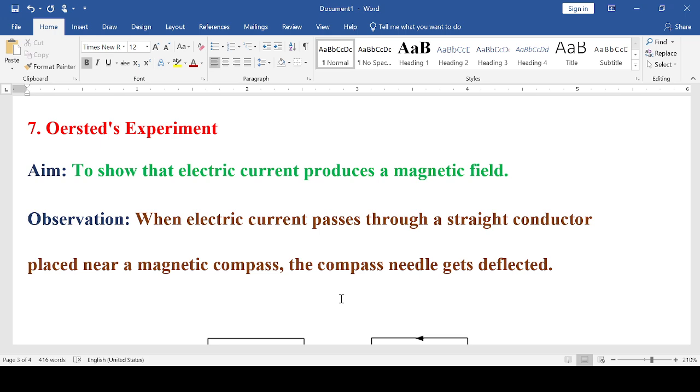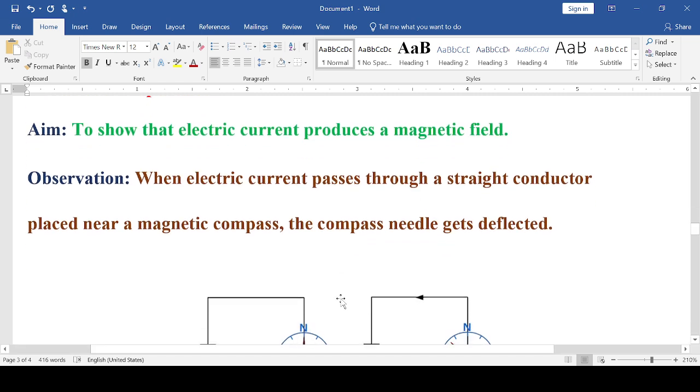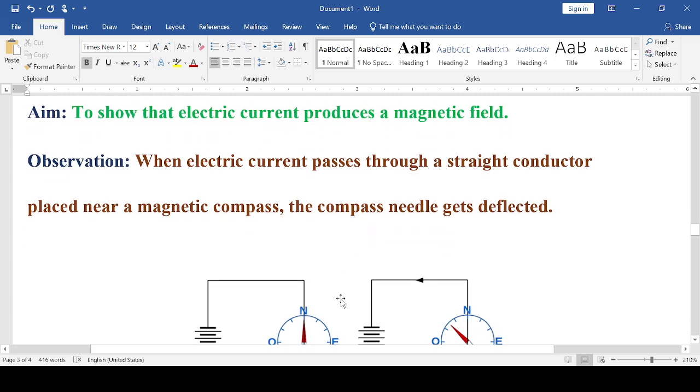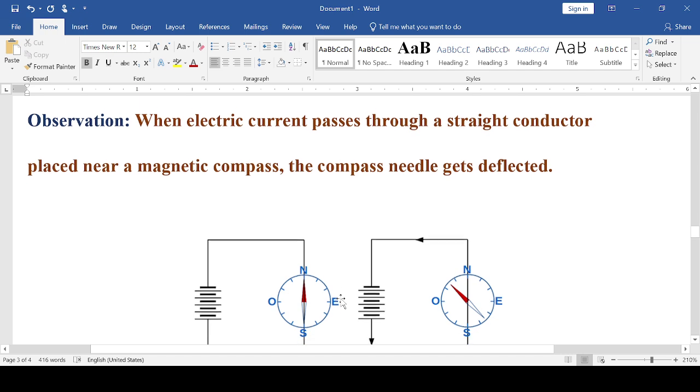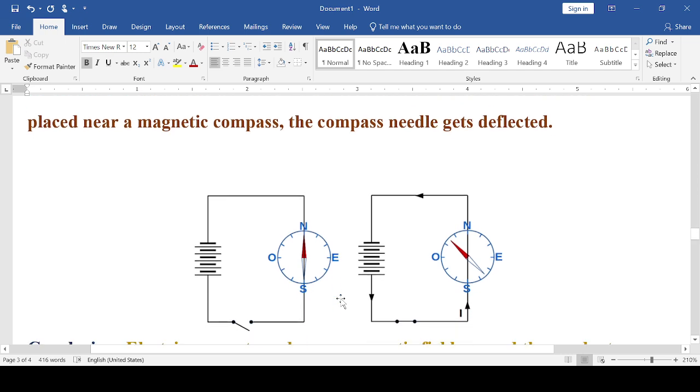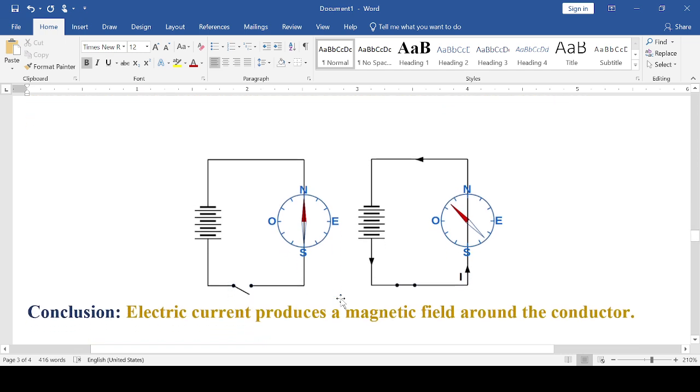So how? That experiment shows that an electric current produces a magnetic field. When an electric current passes through a straight conductor placed near a magnetic compass, the compass needle gets deflected. Now see here, you have a magnetic compass, a cell, and the circuit. Is this an open circuit?